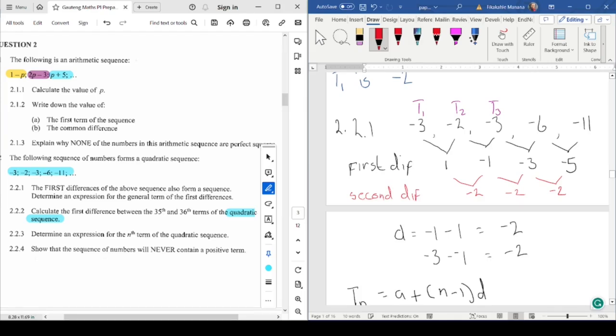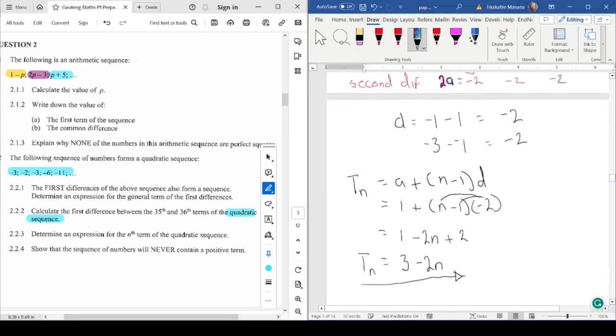And what we do really with these ones is that we say 2a is equal to minus 2. And then for this one, we'll say 3a plus b will equal this one. Okay, let's take that downstairs.